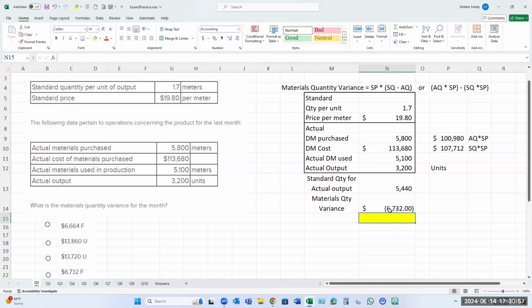So this is favorable, even though the way I subtracted is why it came out negative. If I would have taken standard quantity times standard price minus actual quantity times standard price, it would have come out positive. But the way I can tell that it is favorable is what actually happened is less than what I thought was going to happen. So that is favorable.